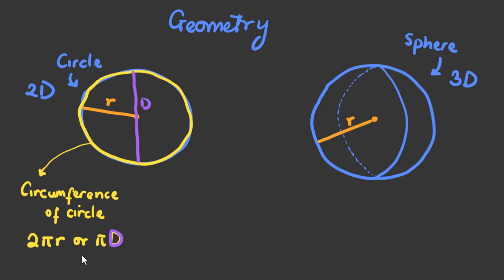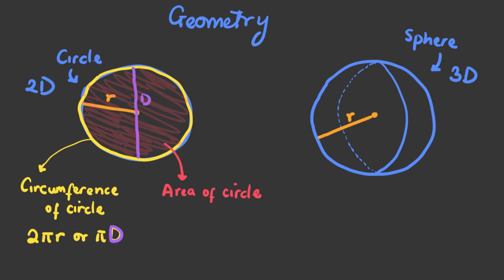The other parameter is the area, which is the space that your circle occupies. To determine the area, we multiply the square of the radius by pi, or you can multiply the square of the diameter divided by 2 by pi.